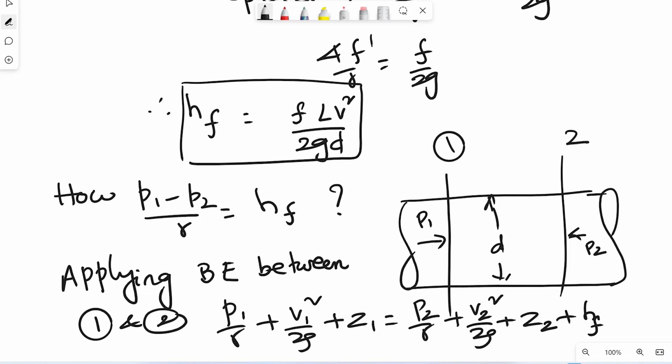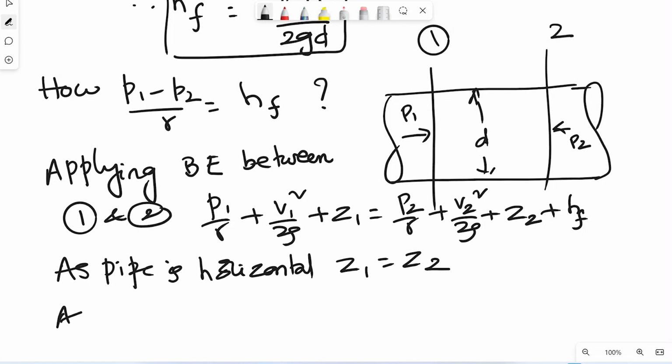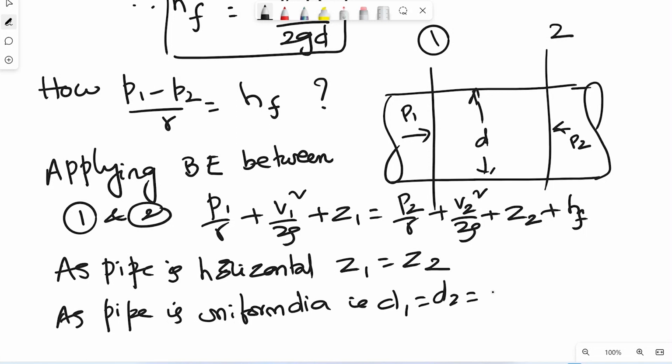As the pipe is horizontal, Z1 is equal to Z2. As the pipe is of uniform diameter, that is D1 is equal to D2 is equal to D, therefore V1 is equal to V2.